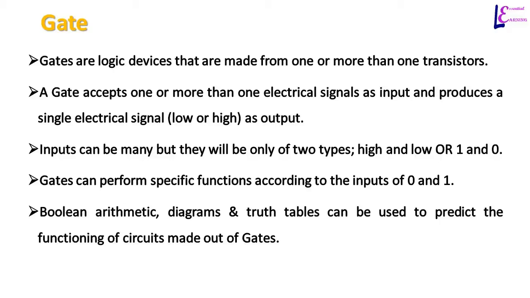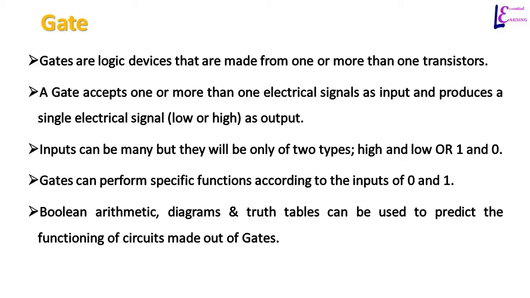A gate accepts one or more than one electrical signal as input and produces single electrical signal of low or high voltage as output. Inputs can be many, but they will be only of two types, high and low, represented as 1 and 0.